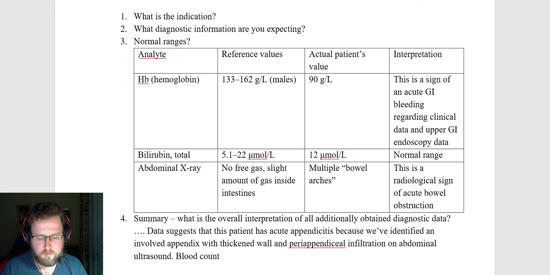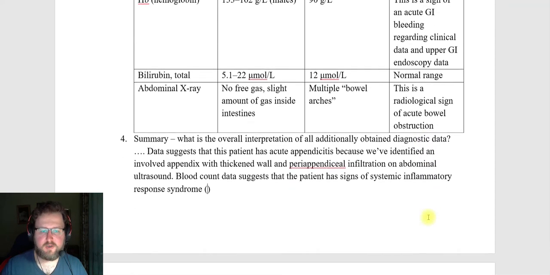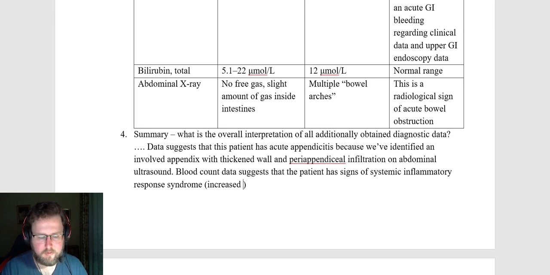Blood count data suggests that the patient has signs of systemic inflammatory response syndrome, and also a brief description: increased white blood cell rate, increased C-reactive protein rate, and quite enough.